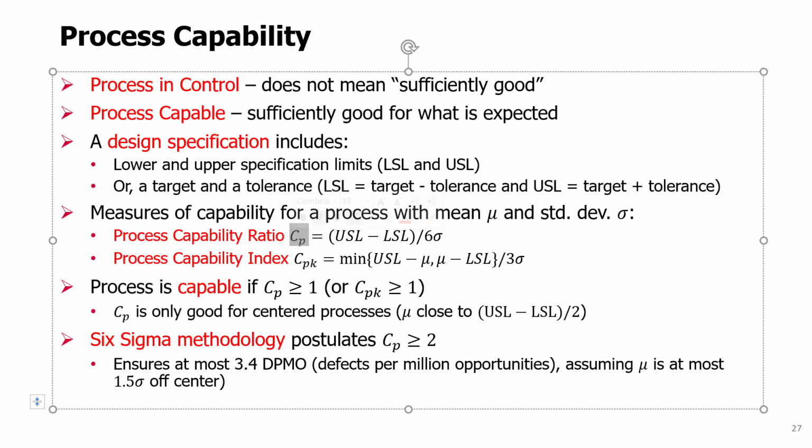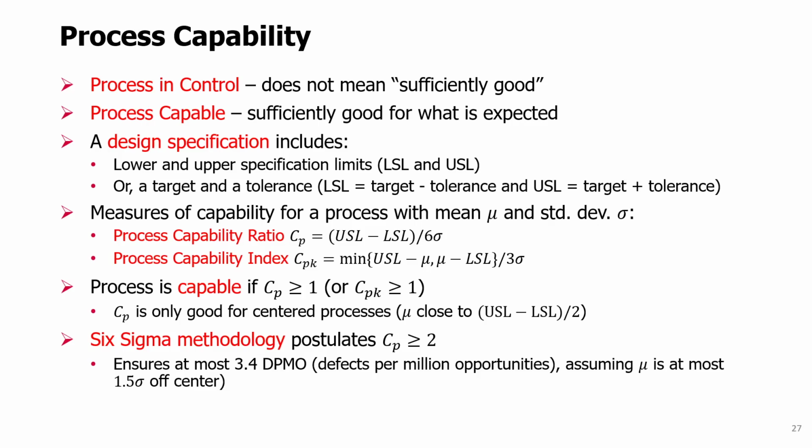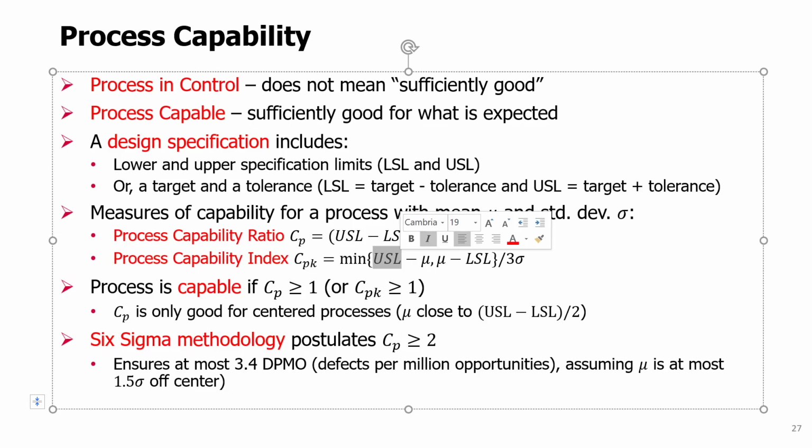Capability ratio is taking the upper specification limit minus lower specification limit, so like 2 times the tolerance, divided by 6 sigma, and index is taking upper specification limit minus mu and mu minus lower specification limit, taking whichever of those values is smaller, and it is divided by 3 sigma.